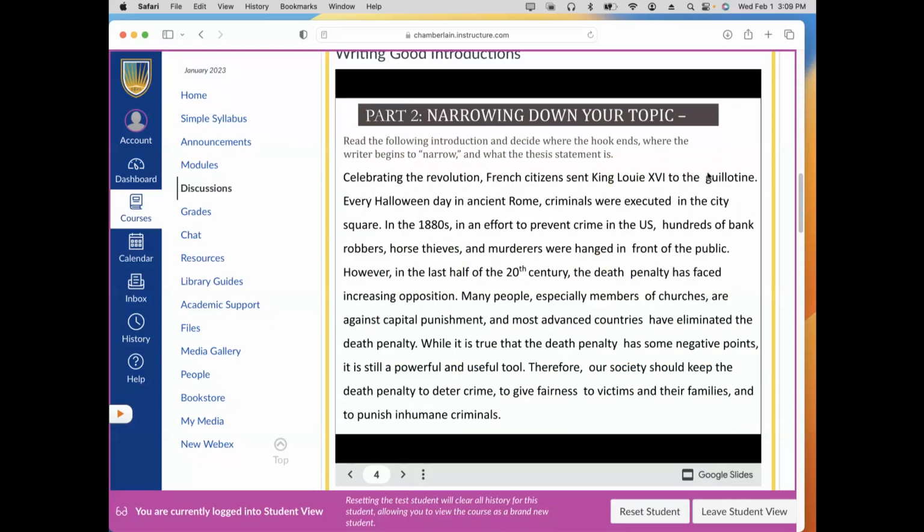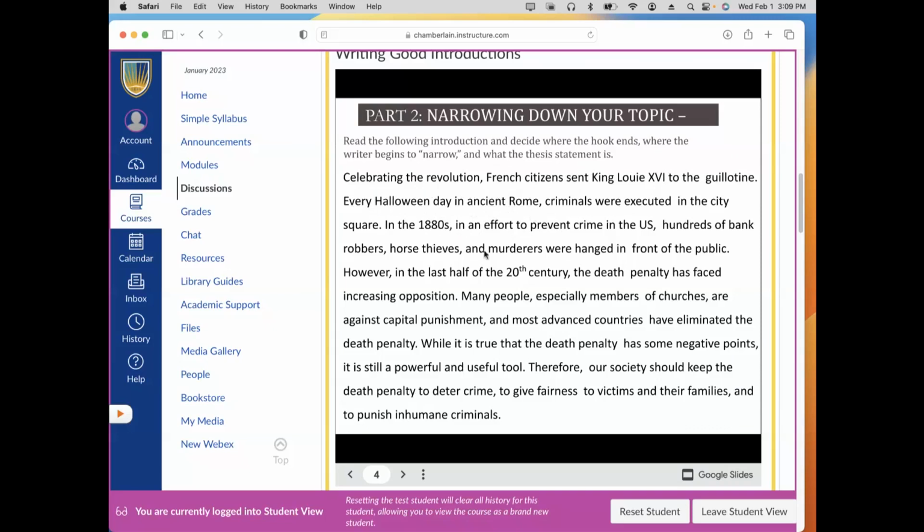So the first sentence is supposed to be the hook. Celebrating the revolution, French citizens sent King Louis the 16th to the guillotine. You're like, all right, guillotines are cool, so then you would want to keep reading. And then it gives a little background about the history of capital punishment, right? So every day in Halloween, ancient Rome.